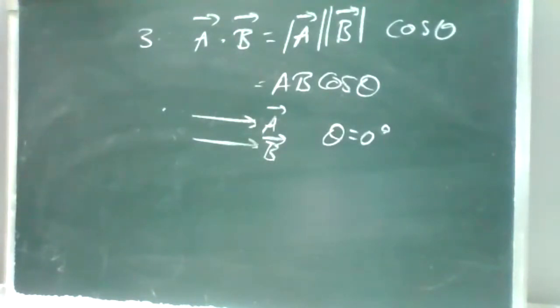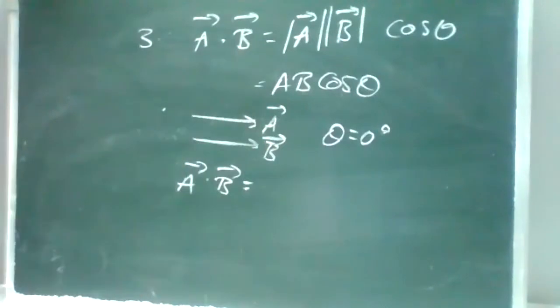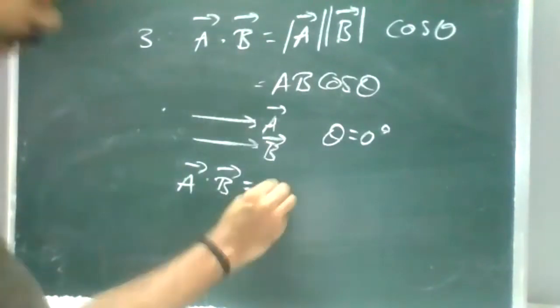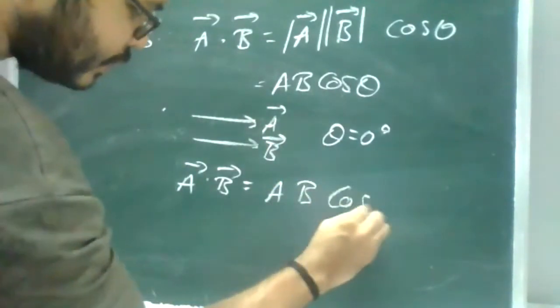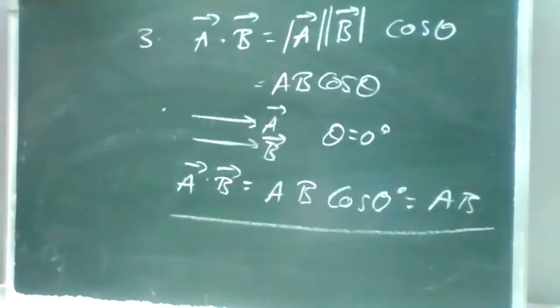When theta is equal to 0 degrees, that is A and B are in same direction, so the product A vector dot B vector is equal to AB cos 0 degrees. So AB is your product. Cos 0 is nothing but 1. This is your fourth point.